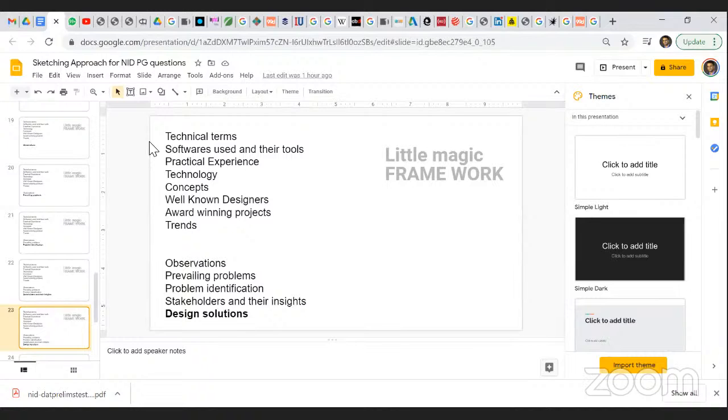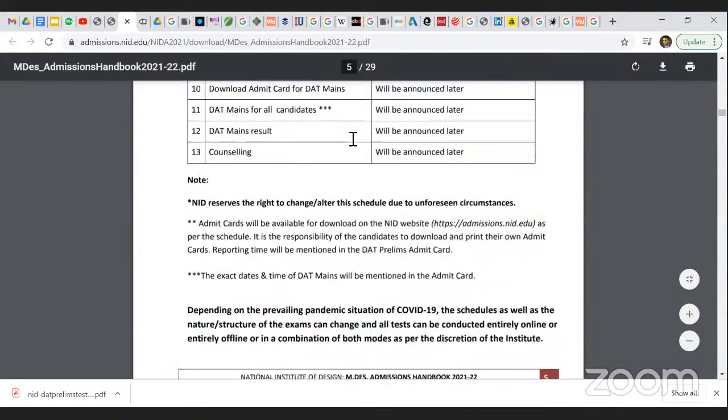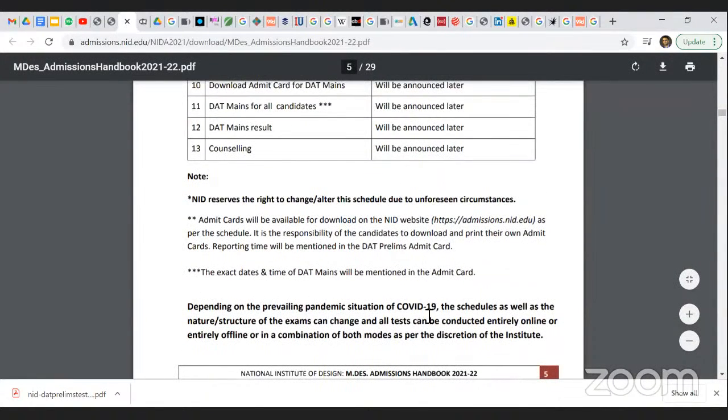Sahil, there is a chance of lockdown in Maharashtra. How will this affect the NID exam on the 14th March? See, if you look at the NID admission handbook, they have clearly mentioned that depending on the prevailing pandemic situation of COVID-19, the schedules as well as the nature or structure of the exams can change, and all tests can be conducted entirely online or entirely offline, or in a combination of both modes as per the discretion of the institute.